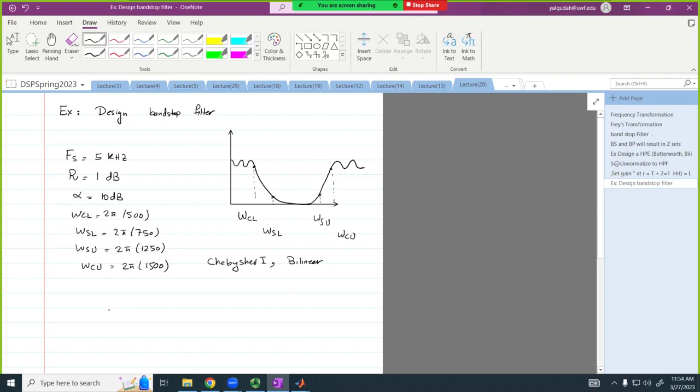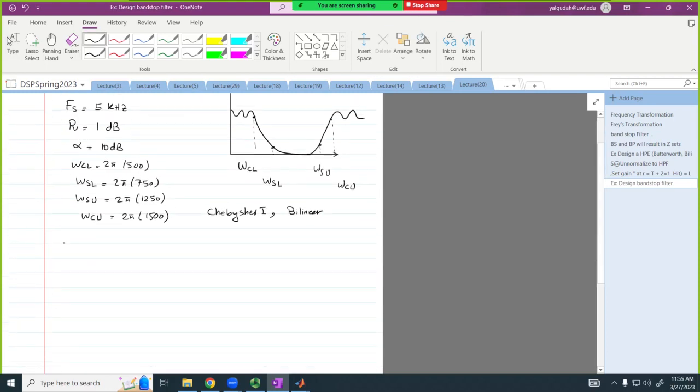Okay. So again, the first step, we're going to pre-warp frequencies. Omega hat is going to equal 2 over T, tangent of omega multiplied by T divided by 2.